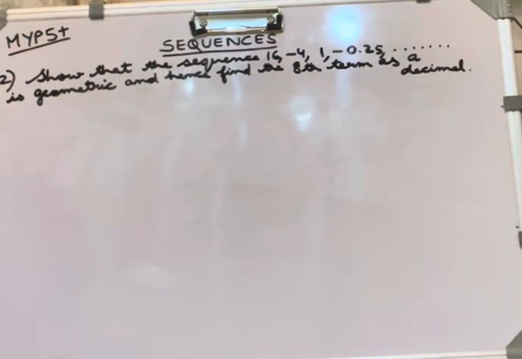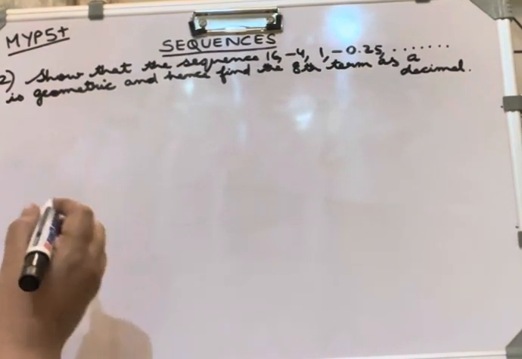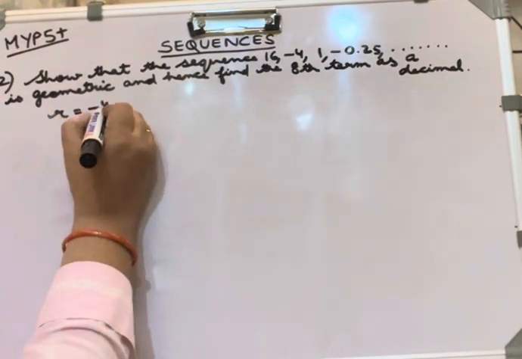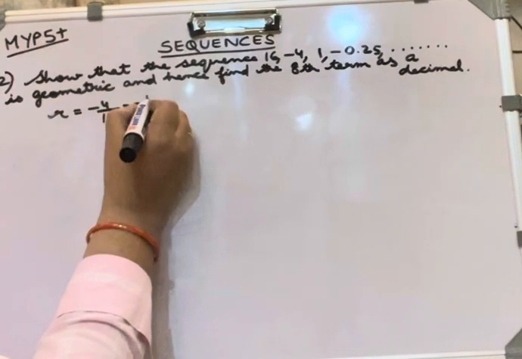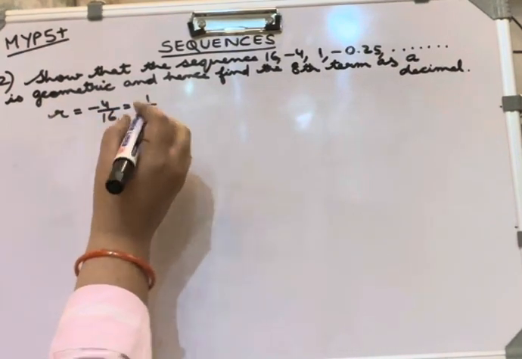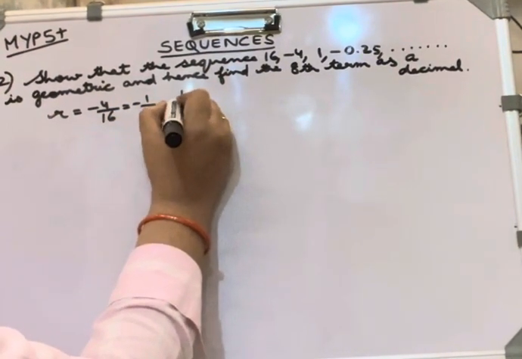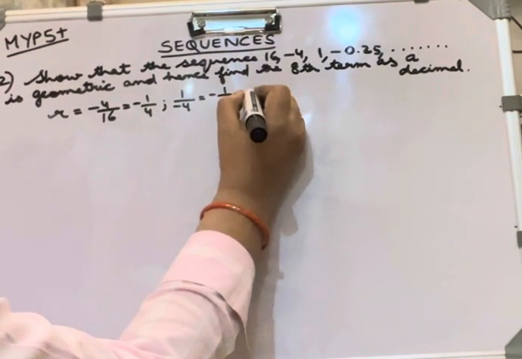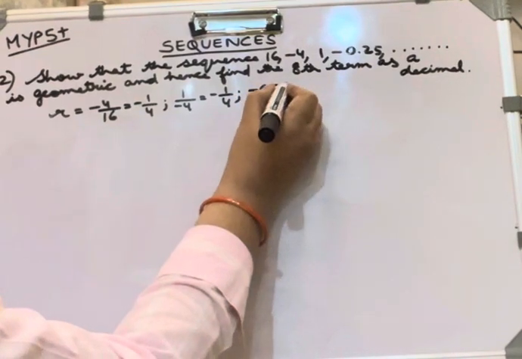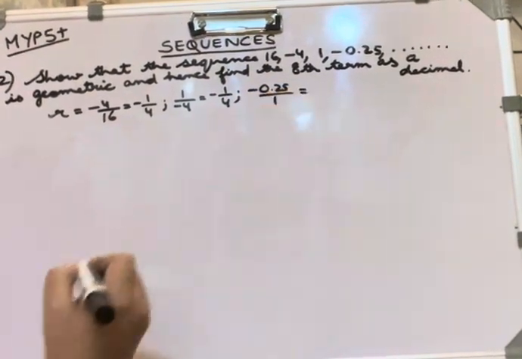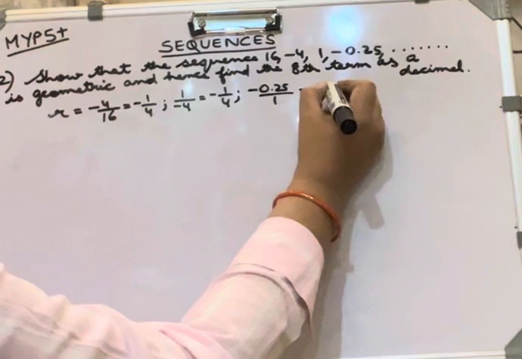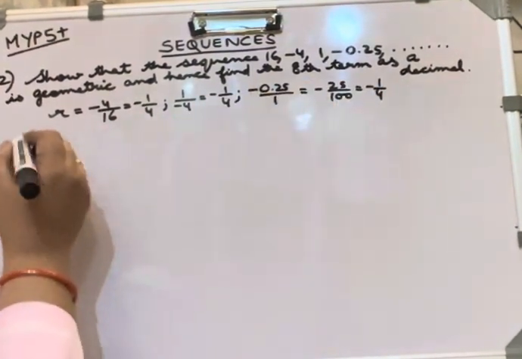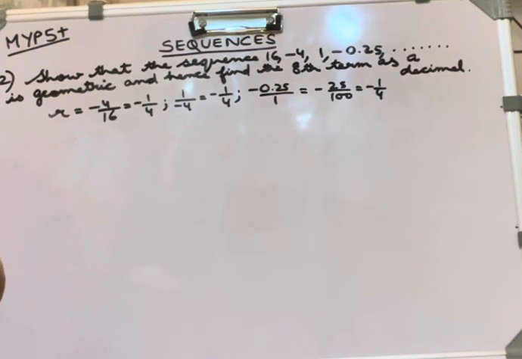So we observe that the common ratio R is equal to minus 4 by 16, which is minus 1 by 4. Also, 1 by minus 4 is again minus 1 by 4, and minus 0.25 by 1 is again minus 25 by 100, which is minus 1 by 4. So the common ratio R is minus 1 by 4.